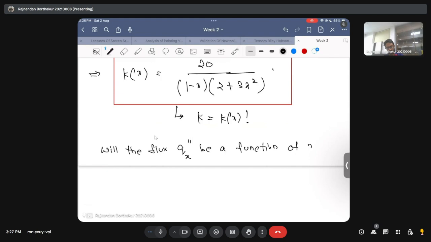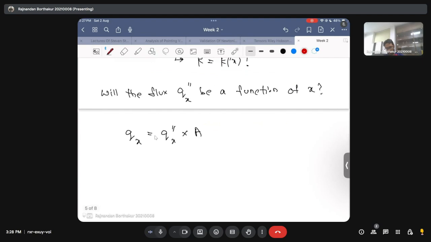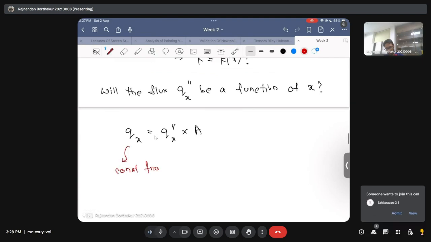And this is simple, right? Because you can always write that your rate of heat transfer in the x direction. Remember, when I write a subscript over here, that signifies the rate of heat transfer in the x direction, and it is just your flux times the area, right? And now you can appreciate that this is constant. Okay, this is constant from energy balance.